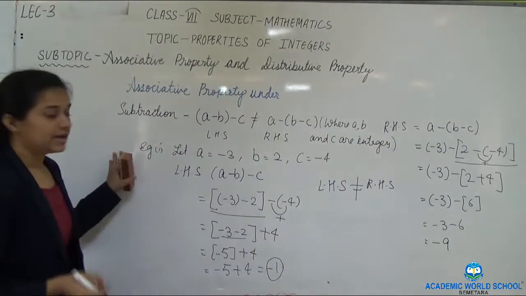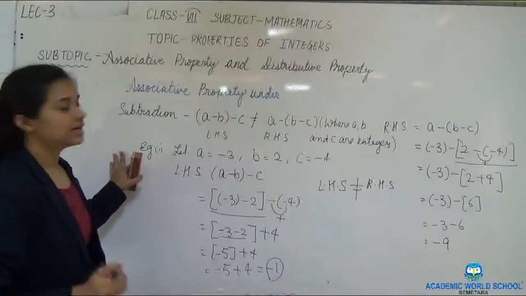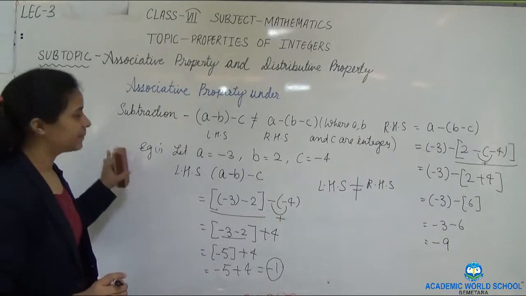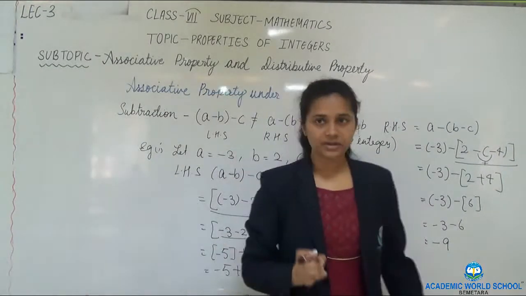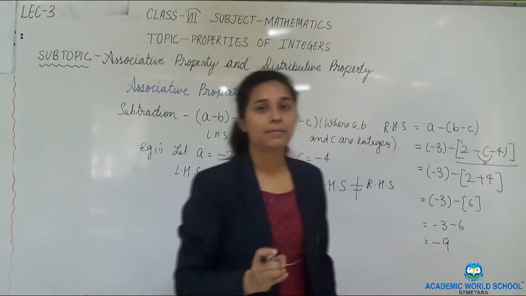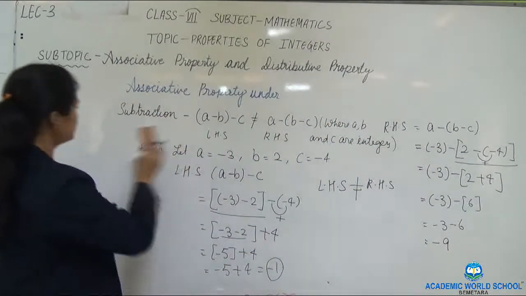So we saw that addition satisfies the associative property, but subtraction does not satisfy the associative property. The next operator for which we are going to check is our multiplication.